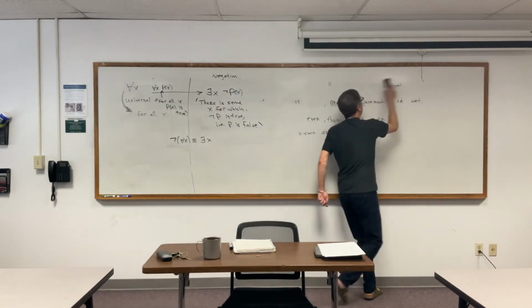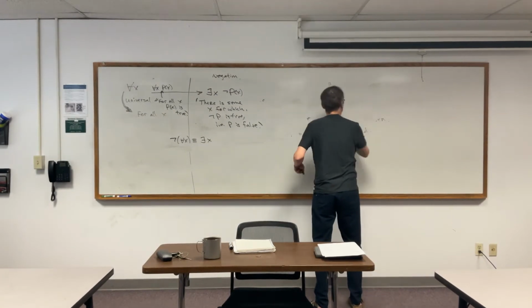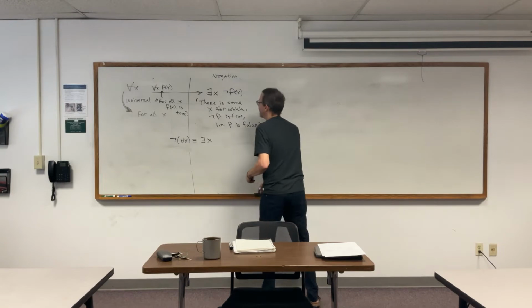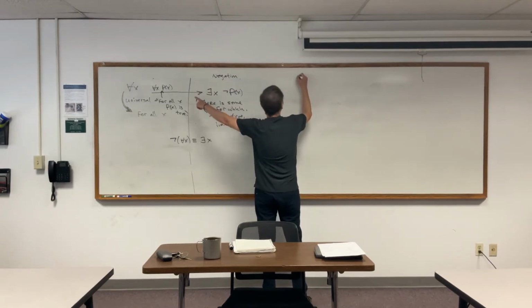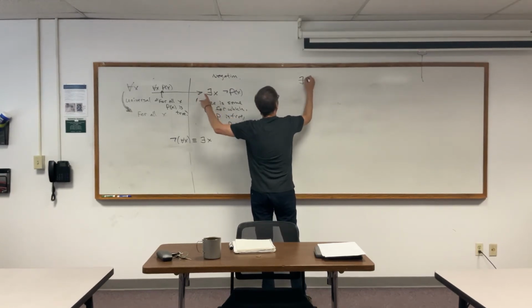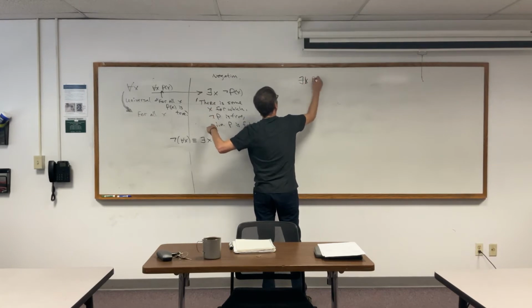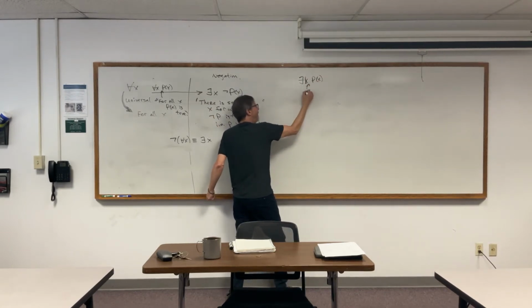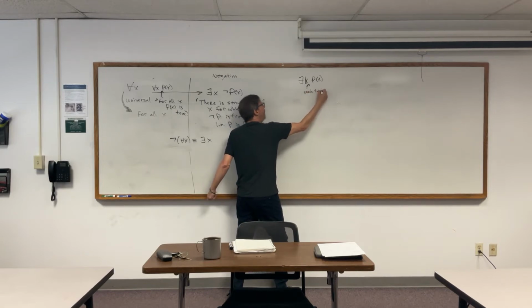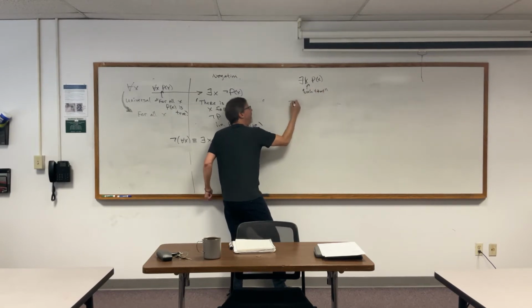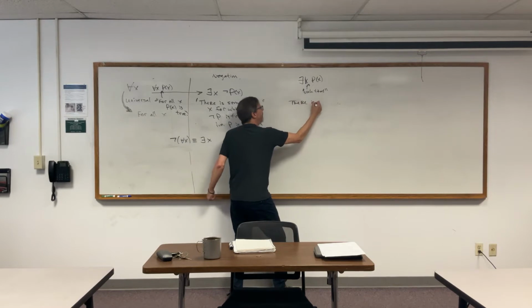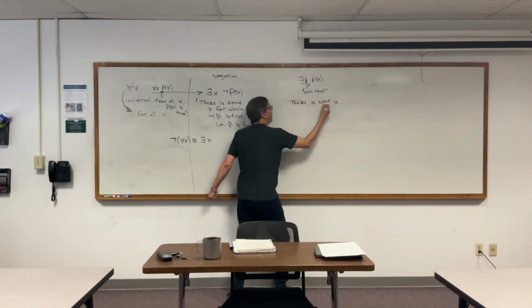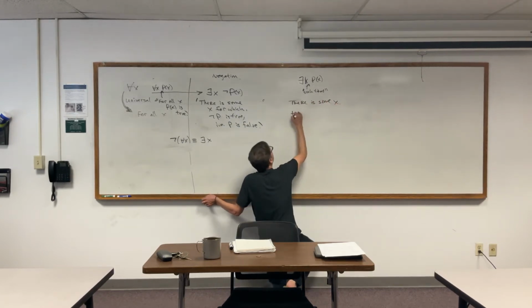Then let's do the opposite. If I have there exists some x such that P of x is true, notice how I'm saying "such that"? That's hidden in here, and I would read it that way: there is some x that makes P of x true.